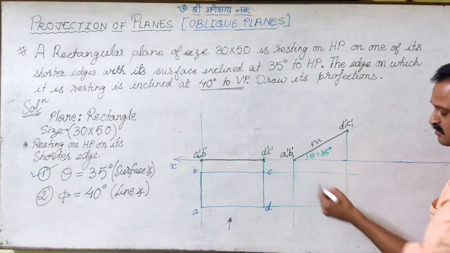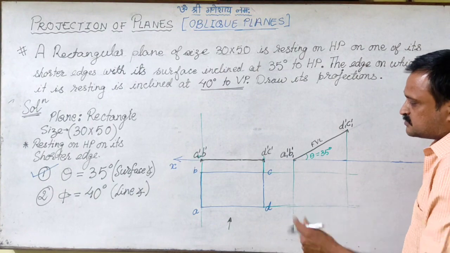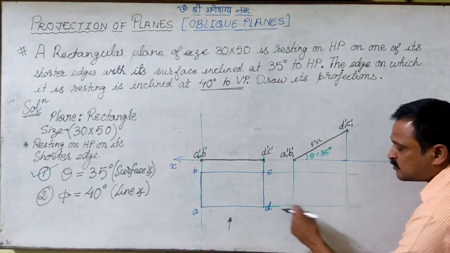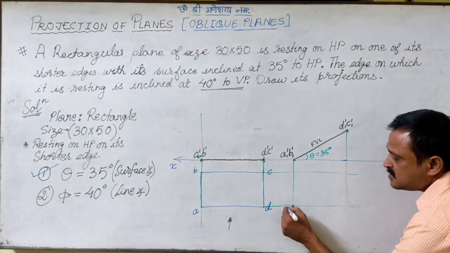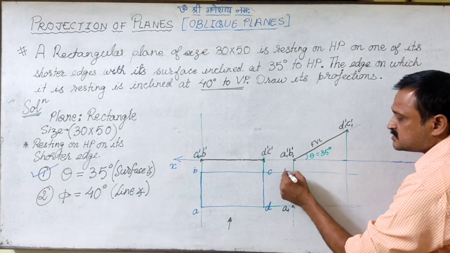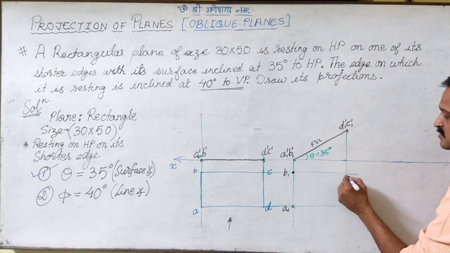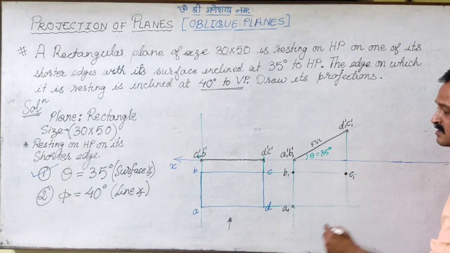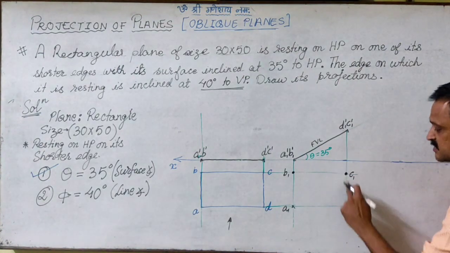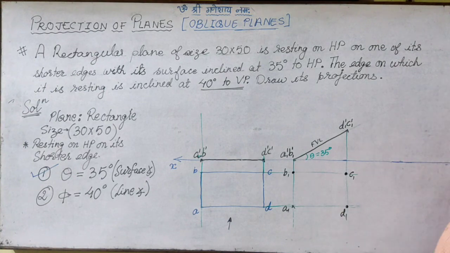So projector of A, now we will mark the corners. So this is projector of A, locus of A. So this point must be A1. Projector of B, locus of B. This is B1. Projector of C, locus of C. This is C1. Projector of D, locus of D. This is D1.